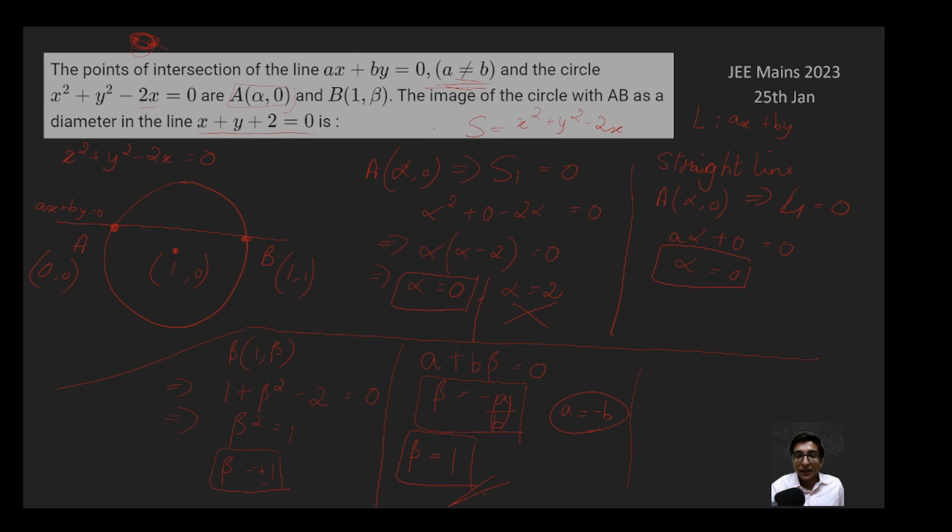Now they have told us about the image of the circle with AB as a diameter. So we know A and B is the diameter. So let us find out the equation of a circle where AB is the diameter. So how do we do that? Our A point is (0, 0) and our B point is (1, 1). So if I take these 2 points as my diameter, what is my equation of circle going to be? (x minus 0)(x minus 1) plus (y minus 0)(y minus 1) is equal to 0.